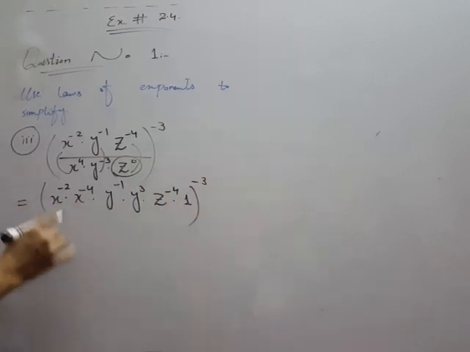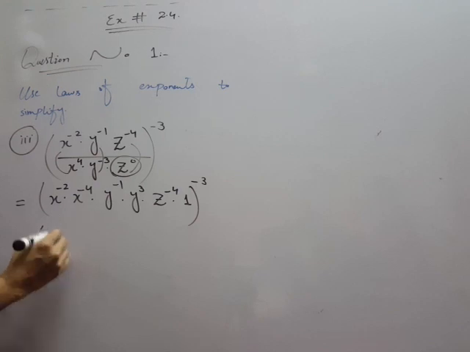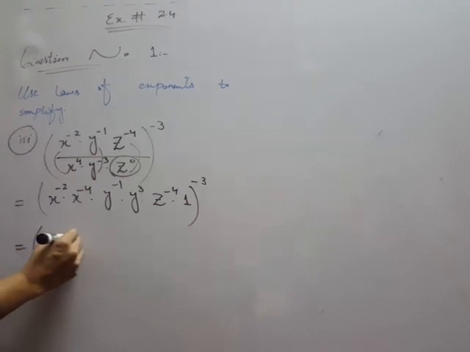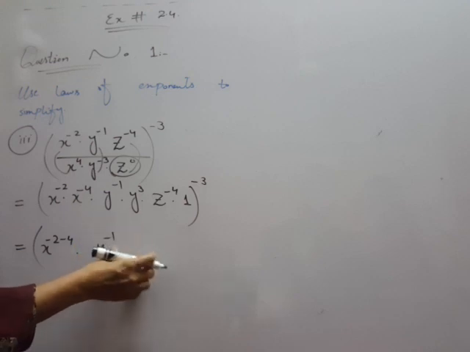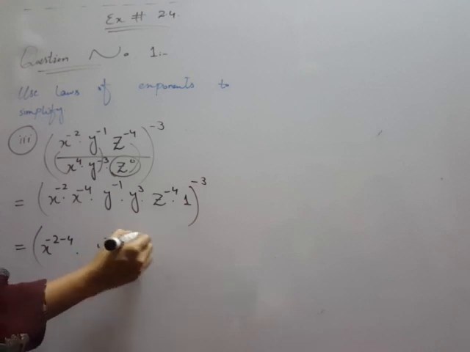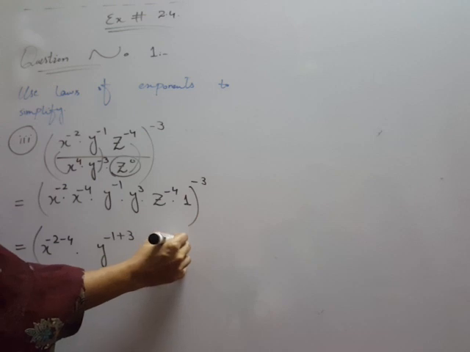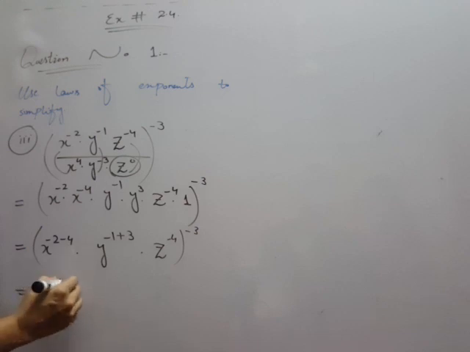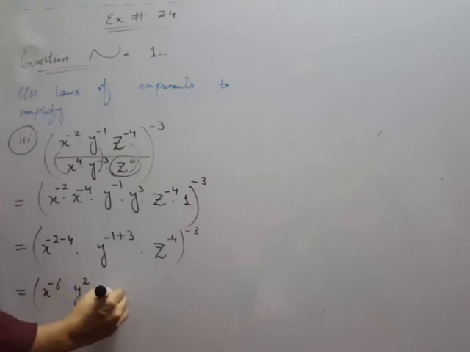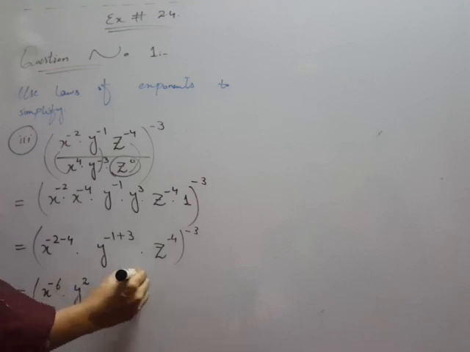Okay, so it will become x raised to power minus 2 and minus 4, y raised to power minus 1 plus 3 and z raised to power minus 4, and whole power minus 3. So it will become x raised to power minus 6, y raised to power 2 and z raised to power minus 4.